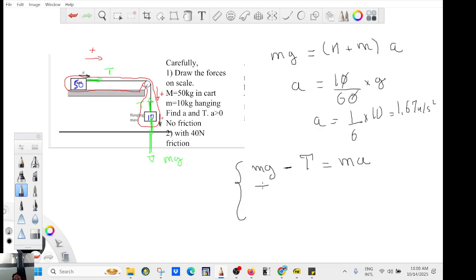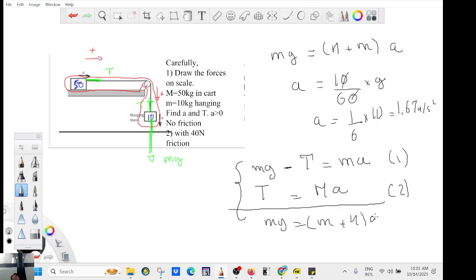In that case, the winner is T. That will be the one providing the acceleration. There is nothing to oppose, there is no friction. But you do have inertia. So it's winner minus loser equals inertia times acceleration. And if you have equation 1 and equation 2, you add them up, the T goes away, and you have mg equals m plus m times a. And you get the same thing. Agree?